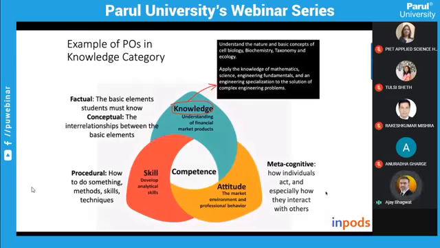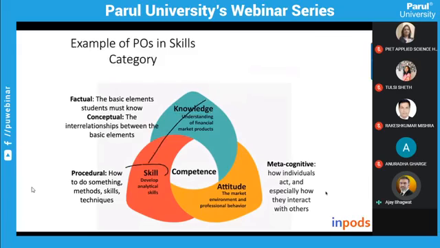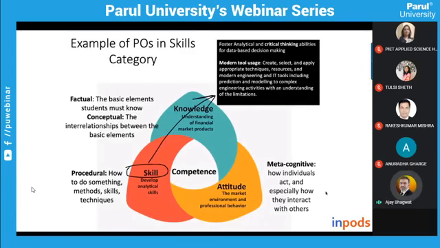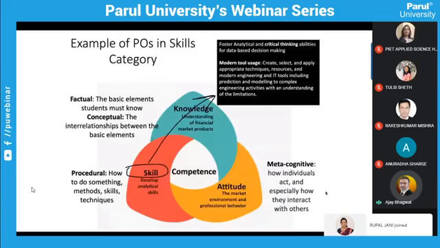If you look at examples of the program outcomes, like foster analytical and critical thinking abilities for data-based decision making. So data-based means analysis, right? Modern tool usage, so it's creating, selecting, applying appropriate techniques, resources, modern engineering and IT tools, for example. It means thinking of some models, using some tools, some skills, some techniques.